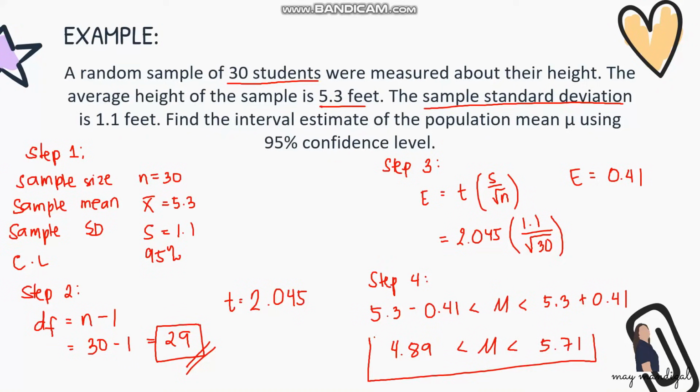So this is now our interval estimate, or the confidence interval. That means we estimate that the population mean is between or within these two values, 4.89 up to 5.71, given that our confidence level is 95%.